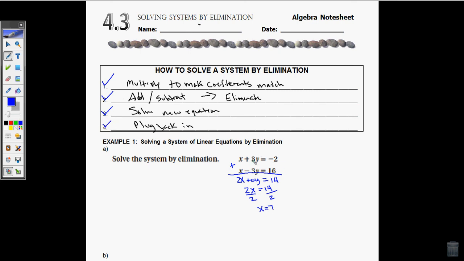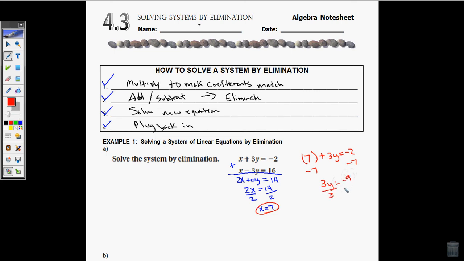I need to take this x value and come back up here, plug it into the equation to get my y value. We know that the solution to a system is a coordinate point. Just getting this is not done. So I plug it back in. x, or 7, plus 3y equals negative 2. I subtract 7. 3y equals negative 9.